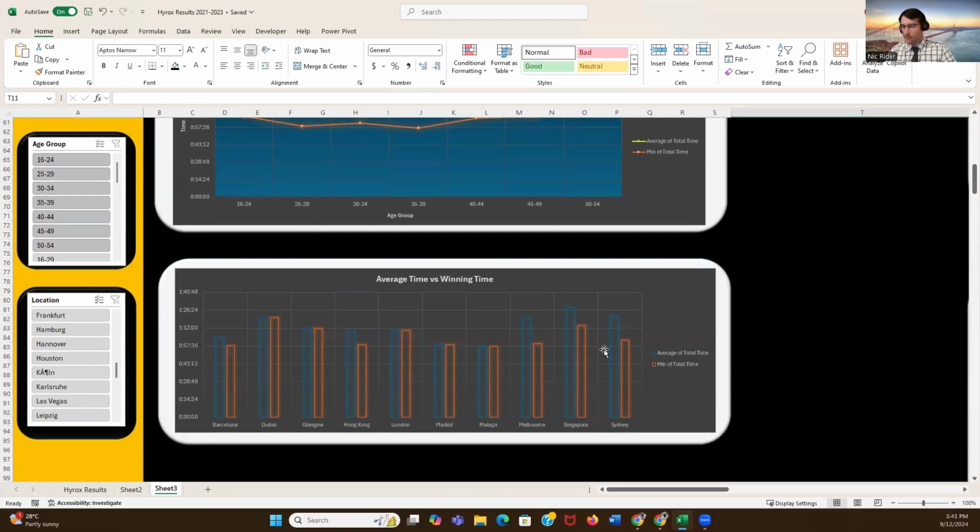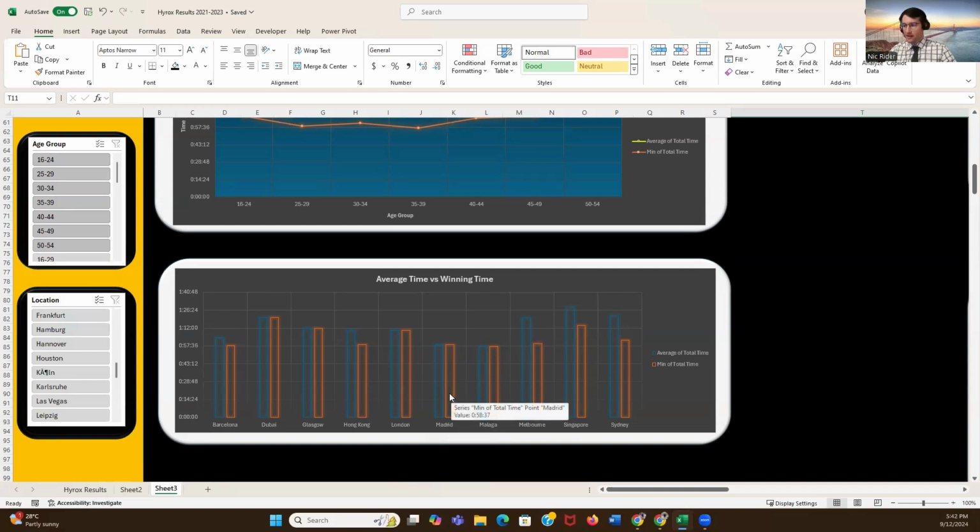Okay, so coming down here, average time versus winning time, we can see for Australian-based athletes across the different locations. If we see a match here between these two, and it's directly the same value, that means that one Australian athlete competed in 2023 at that event, and they had the fastest time out of any other Australian.